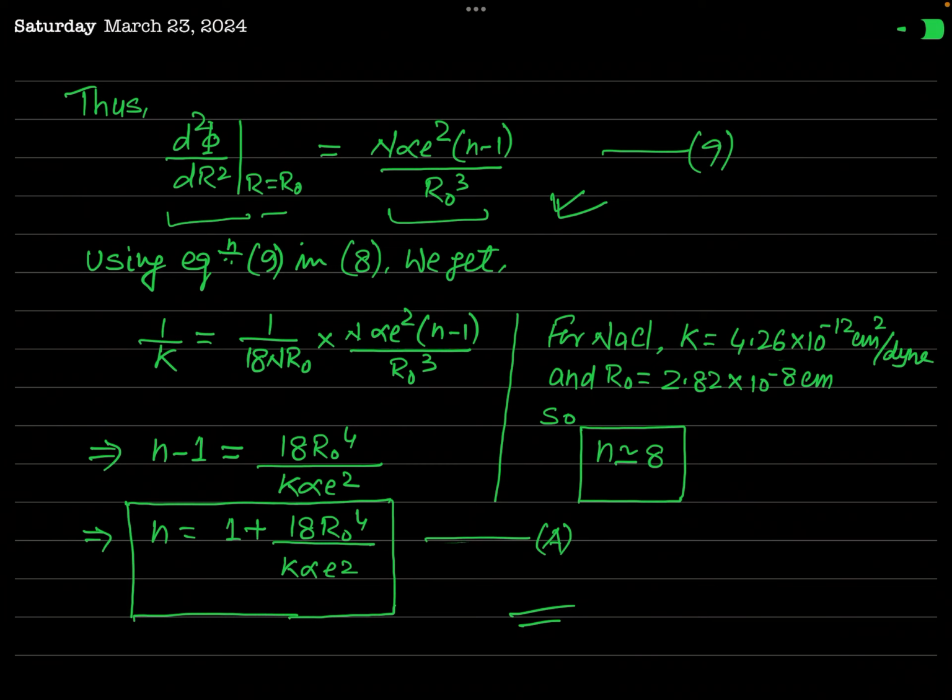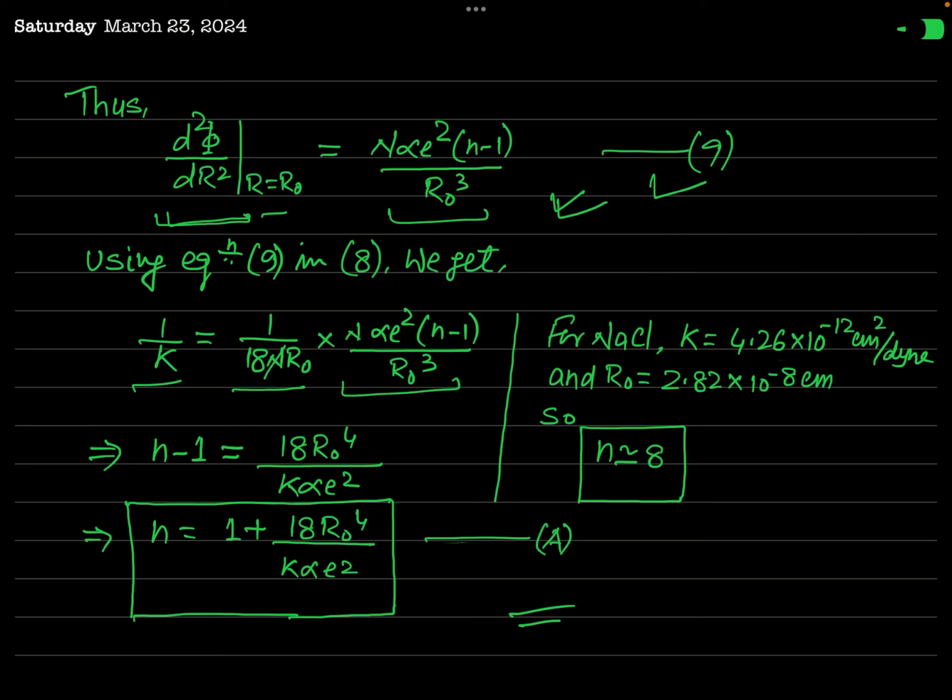So you can see 1 over k, this will be 1 over 18 r naught times d2 phi by dr square at r equal to r naught. But see this equation 9, where we have obtained the value of d2 phi by dr square at r equal to r naught, and this is this much. This is n alpha e square n minus 1 by r naught cube.